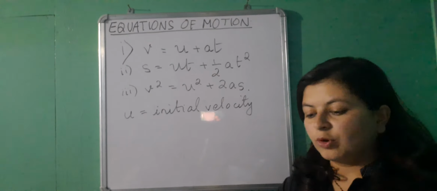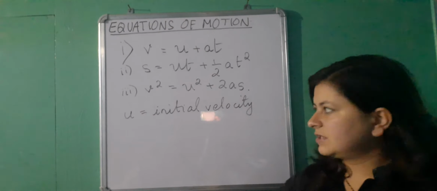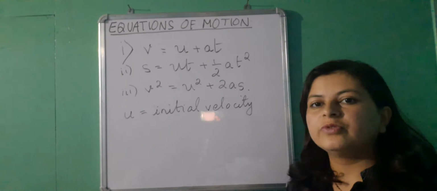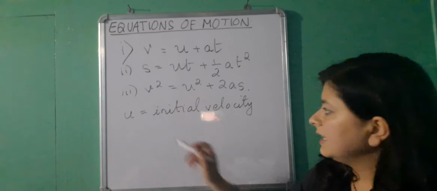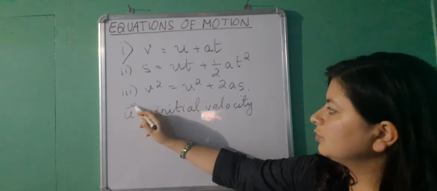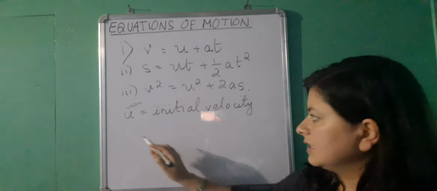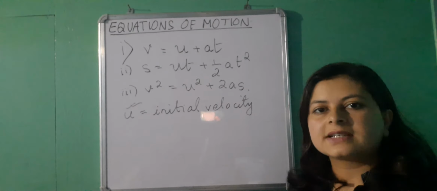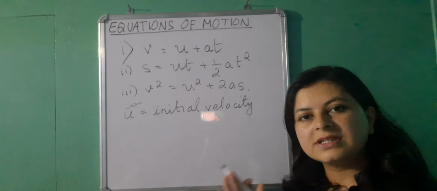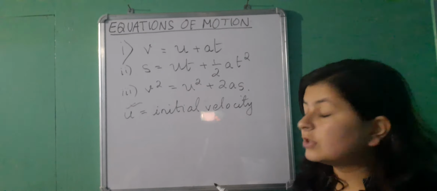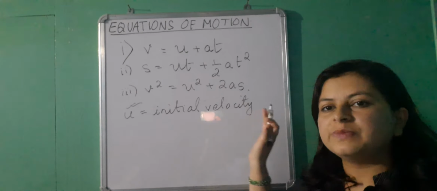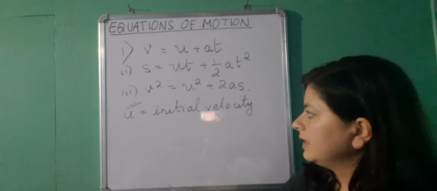The moment we start, when time is equal to 0, the body will be moving with a particular velocity that is denoted by the letter u, which is called the initial velocity. If we start our calculation from t is equal to 0, when the velocity was also equal to 0, that time u will be equal to 0.